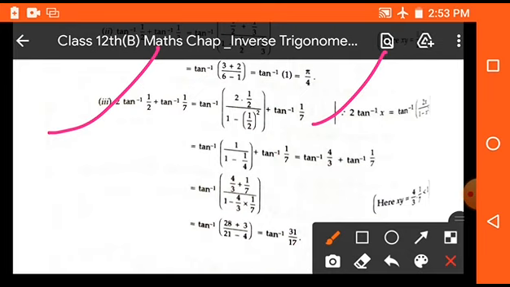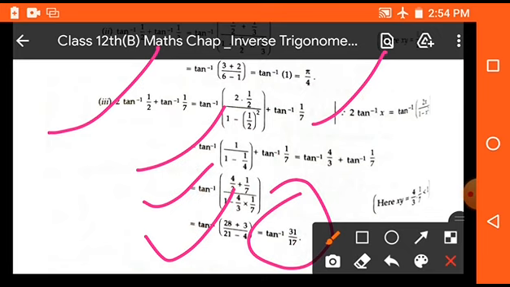So finally we get tan inverse 1 upon 1 minus 1 by 4 plus tan inverse 1 by 7. Now we will use tan inverse a plus tan inverse b, and it becomes tan inverse 4 upon 3 plus 1 upon 7 upon 1 minus 4 by 3 into 1 by 7. So on solving we get tan inverse 31 upon 17, hence proved.